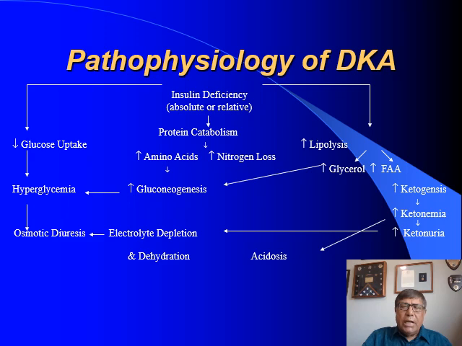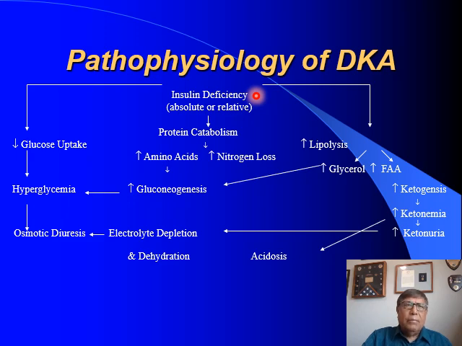I found this diagram is simple, however it says everything that you really need to know. We know the pathology of diabetic ketoacidosis, type 1 diabetes I am talking about. The basic fact is that they are insulin deficient. It could be absolute or relative.